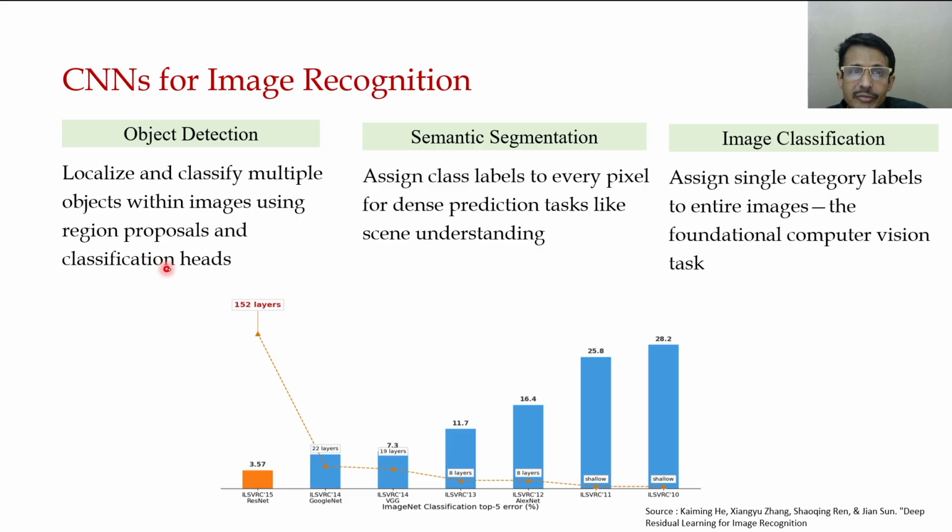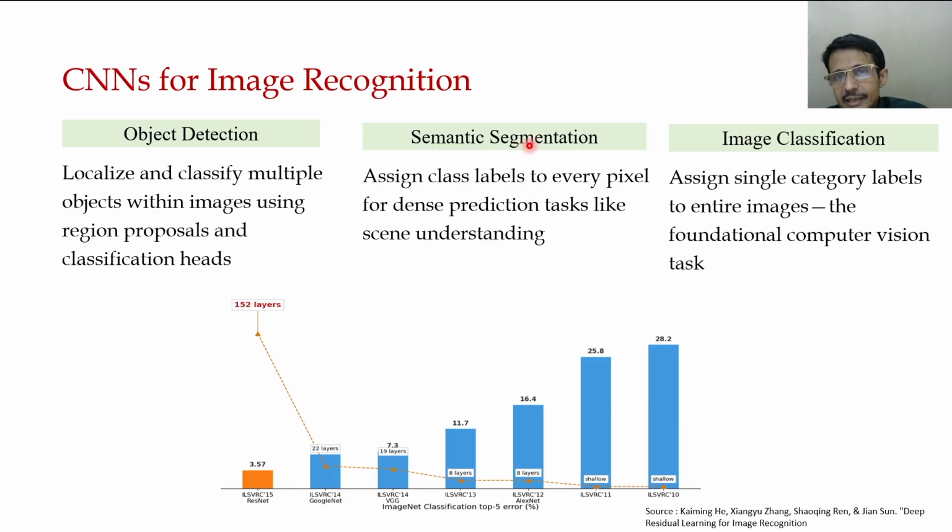CNN is very successful at this. Semantic segmentation we have also discussed very briefly. We'll see again how the network is actually built to get this done.